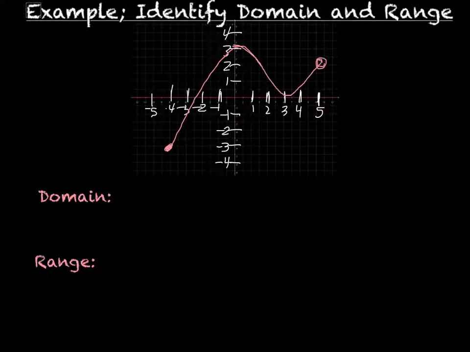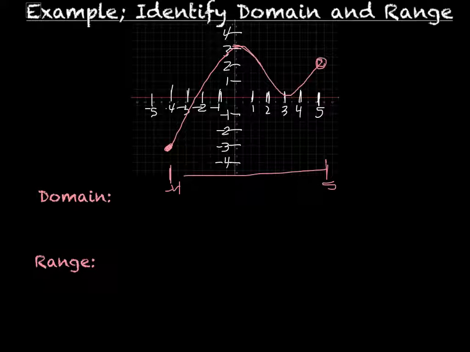In the last example, we have a curvy shaped graph, but it stops, there are no arrows on it. My x is going to go left and right, so my x starts here, included there at negative 4, and then it goes up to, and then stops, not included, at 5.